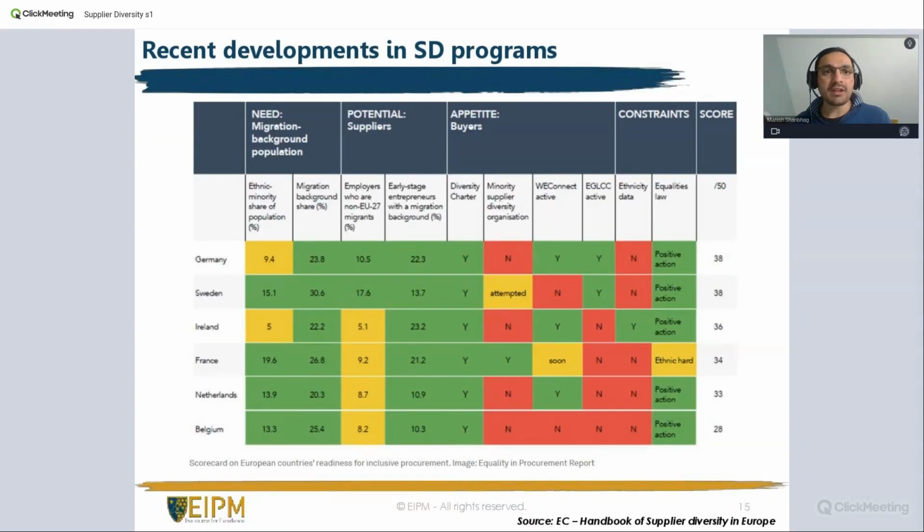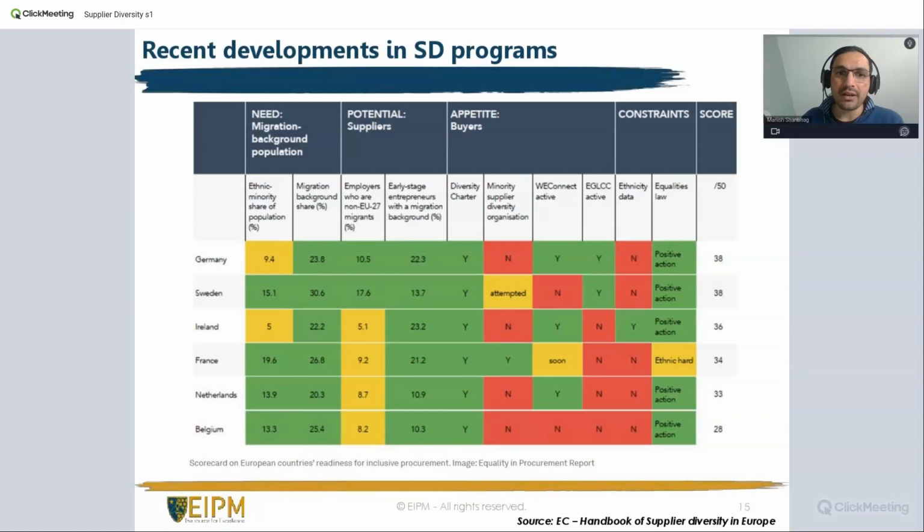So there are some developments, there are some numbers. I won't get into the entire graph per se, but there are some numbers for six countries: Germany, Sweden, Ireland, France, Netherlands, and Belgium. I've picked it up from the European Commission's Handbook of Supplier Diversity in Europe.